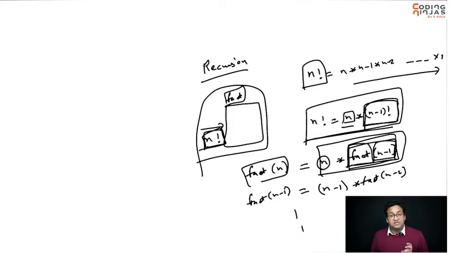Till it becomes absolutely trivial. And when we reach that trivial case, we will basically just return the output and we will not call recursion after that.